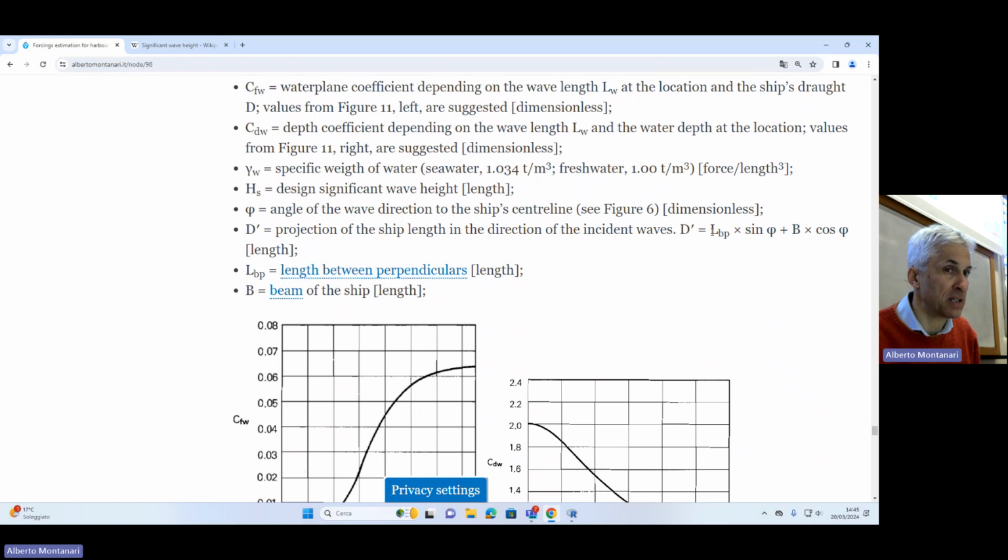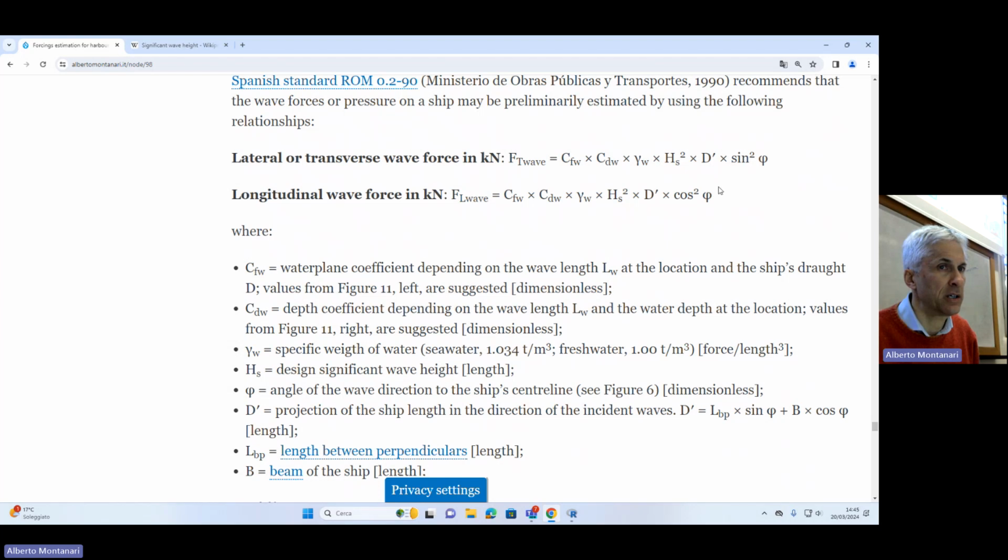So it can be expressed depending on the beam B and length between perpendiculars, and then multiplied by sin phi cos phi. Okay. And here you get the sin squared and the cos squared because it is the result of the decomposition.